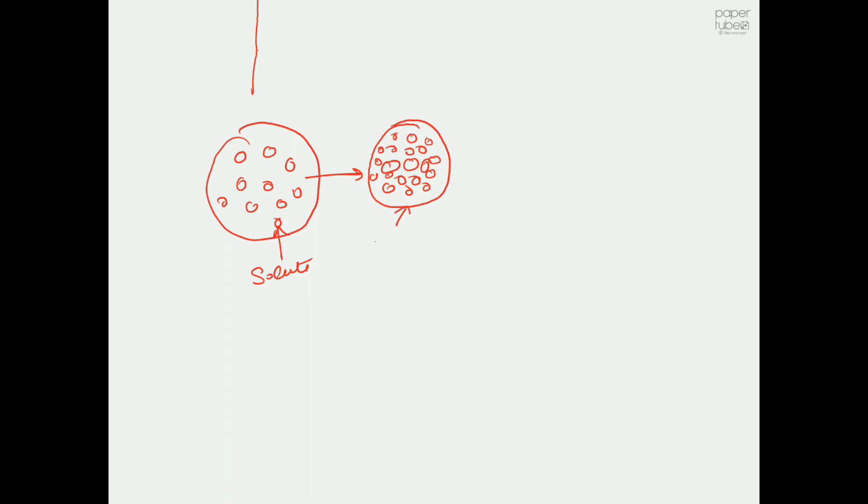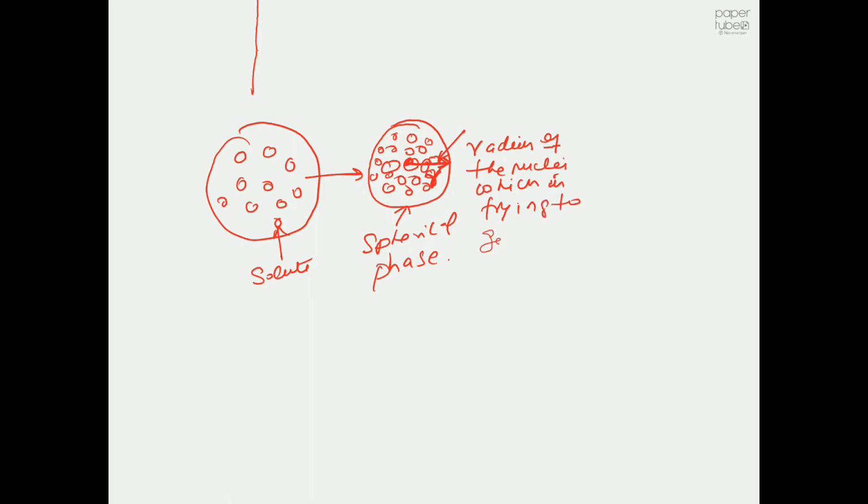This is not a circle. This is a spherical particle, or spherical phase, if you want. You can call it that way. And this is the radius. R is the radius of the nuclei which is trying to get fully developed in the solution.